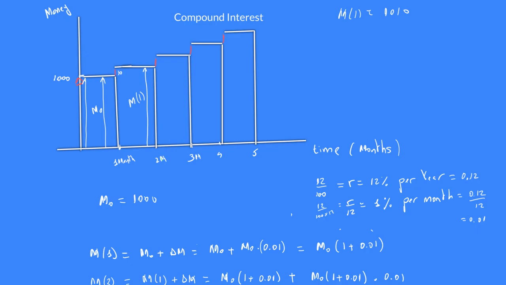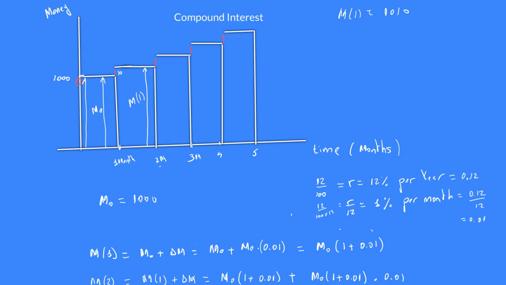Now the following month will happen, and you will maintain the $1,010 during the month between 1 and 2. Between the first month and the second month, you will maintain a $1,010 deposit. But after the second month, the bank will give you interest on the 1,010.